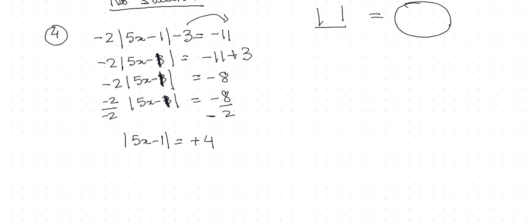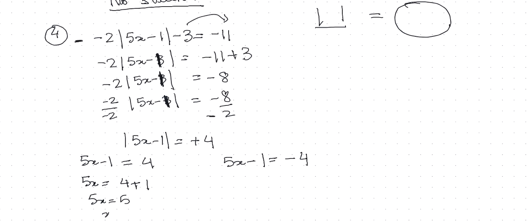So sometimes the equation might be like this. It may get confusing, but solve every step and then you will get there. So now for 5x minus 1, if we open the absolute value signs, once it will give 4 and once it will give negative 4. We bring 1 here, so 5x equals 4 plus 1, which is 5.